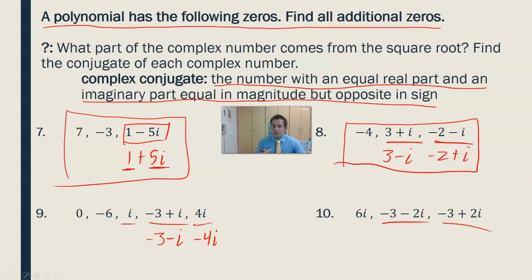Remember, the imaginary part of the complex number switches signs, so this becomes a -4i. The other solutions here would be -3 plus 2i, and -3 minus 2i, but notice that those solutions are already included, so I don't need to write them again. And then the other solution for a positive 6i would be a -6i.